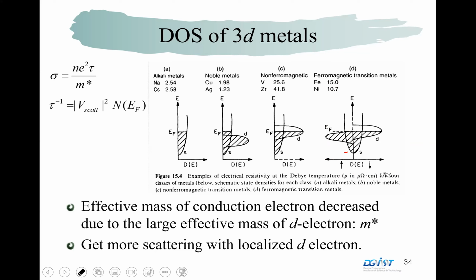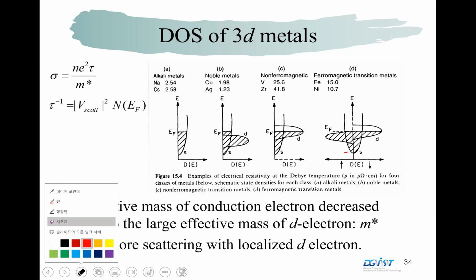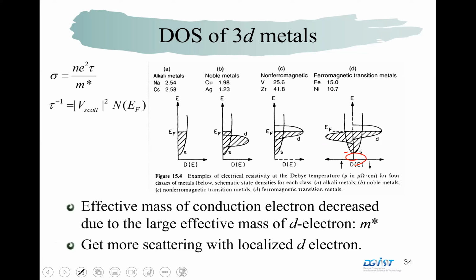It's similar, but there's some shift. Especially for the S band, there's a very tiny shift, so in many cases we don't need to care about that. But for the D band, there is a significant shift of the energy, and that's actually the source of the magnetism.